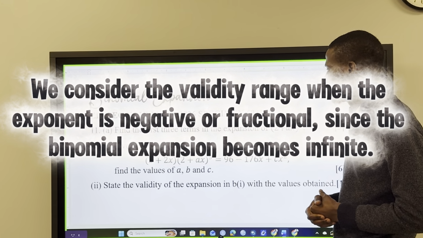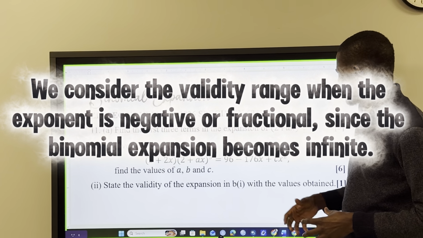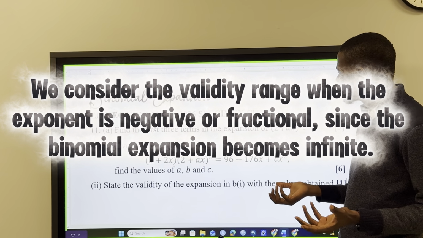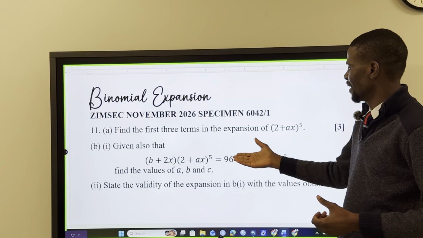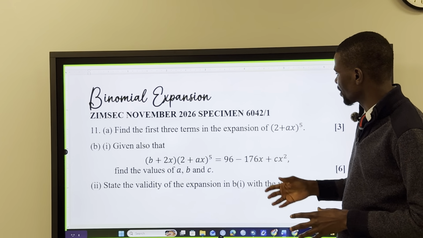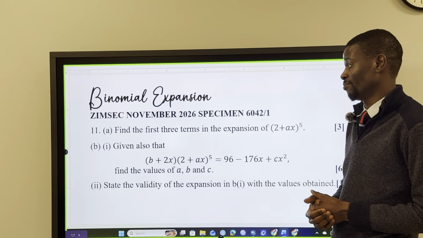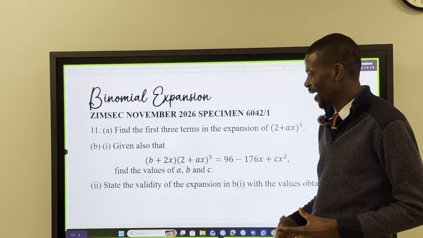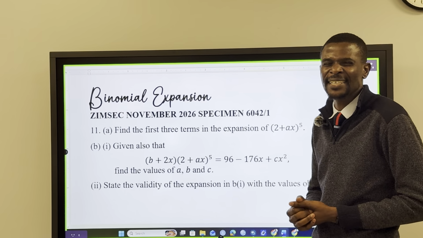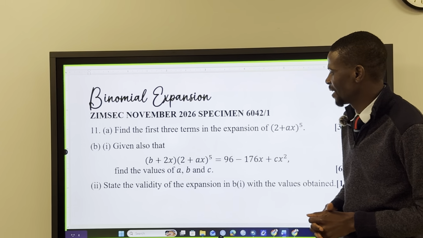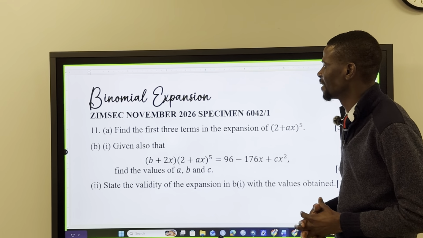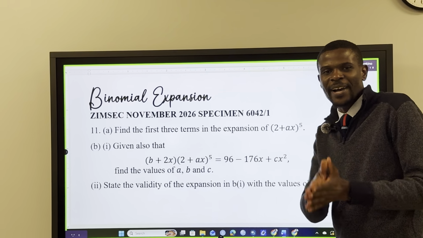It keeps going, right? But for this one, the power is positive, hence the expansion will terminate. But because it has been asked, we'll just go ahead and solve it out. I just thought of saying it. Anyway, let's go ahead and get started.